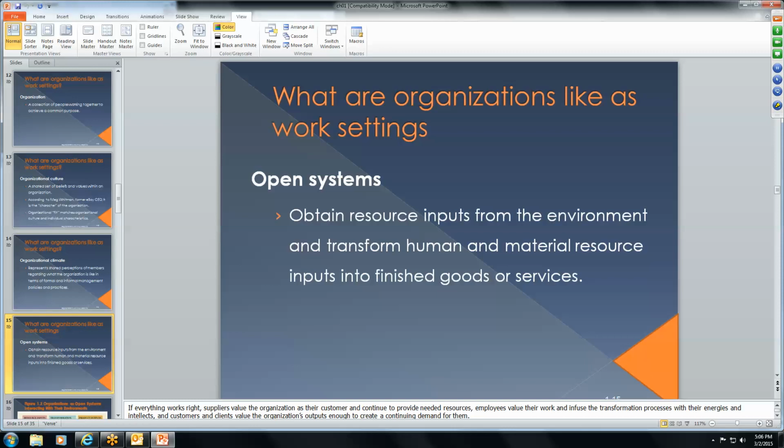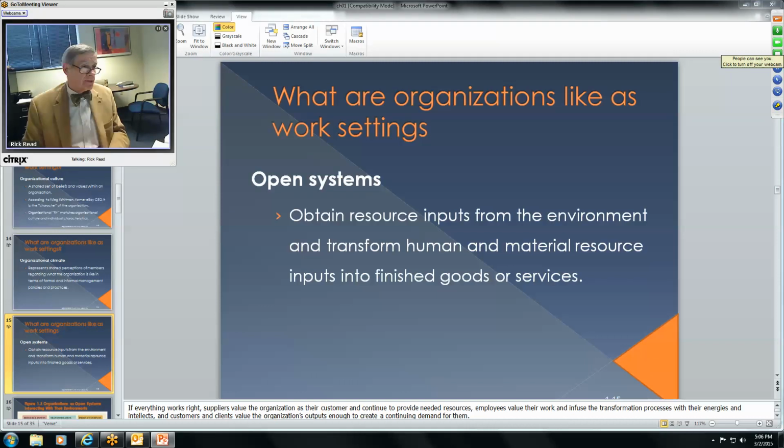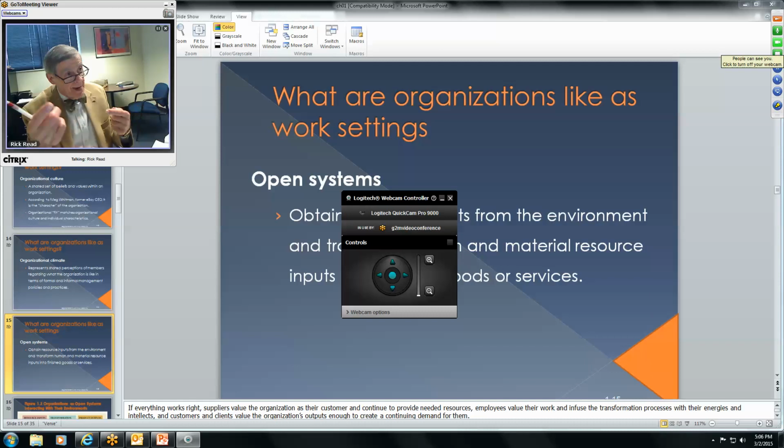Now, open systems is pretty easy to understand, but what it means here simply is this. An organization takes resources from the outside, known as inputs, and then through its resources, both equipment, financial, and human being the most important part, transforms those inputs into outputs, either goods or services, or in some cases, both.